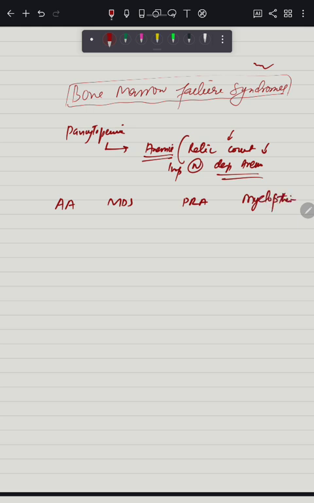That's infection or malignancy infiltrating into the bone marrow. So broadly we classify pancytopenia into hypocellular marrow and cellular marrow. And there's a catch.